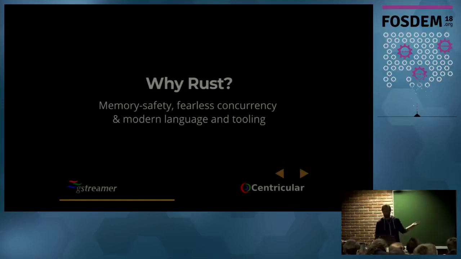If I say here memory safety, in the past in GStreamer, what we had is a couple of CVEs, many bugs related to memory safety, which might not be really security related. Often they are, but it might also be just something that is annoying. If you watch a movie, for example, you don't want it to stop in the middle just because something is crashing. And most of these bugs would be something that would never have happened with Rust. Sure, there would be other bugs, but at least not those.